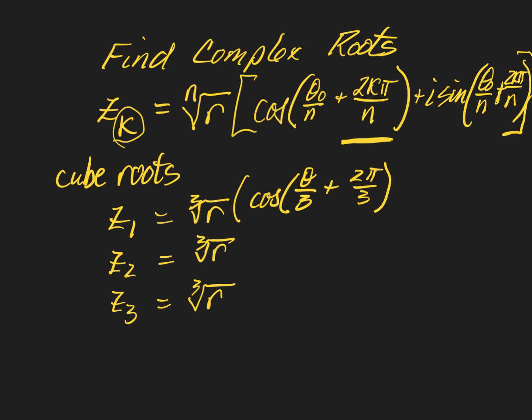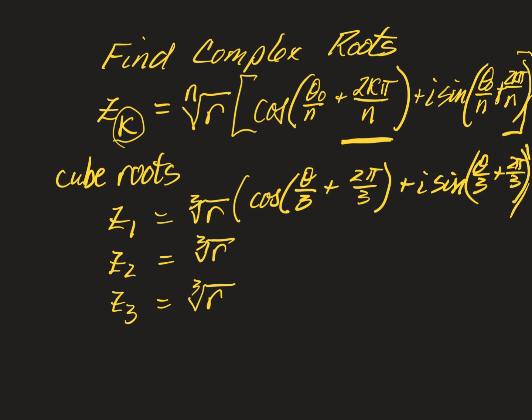So we're going to go 120 degrees, or 2 pi over 3, between each solution, because we have 3 solutions in the circle. And then we're going to take whatever the angle is and divide it by 3. So theta over 3 plus 2 pi over 3.